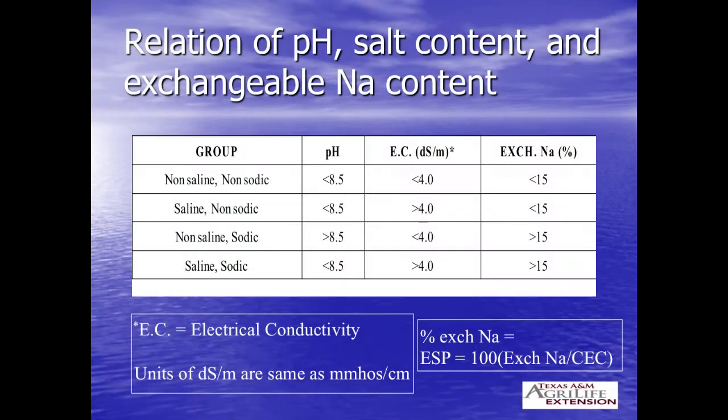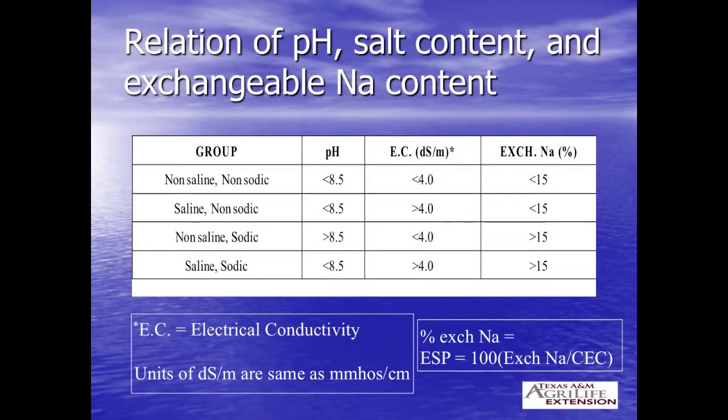All this information separates out the four classifications that we have as saline and/or sodic soils. It's based on pH, electrical conductivity, and the exchangeable sodium percentage. When you get non-saline and non-sodic, you have pH less than 8.4, an electrical conductivity less than 4 millimoles, and an exchangeable sodium percentage less than 15.